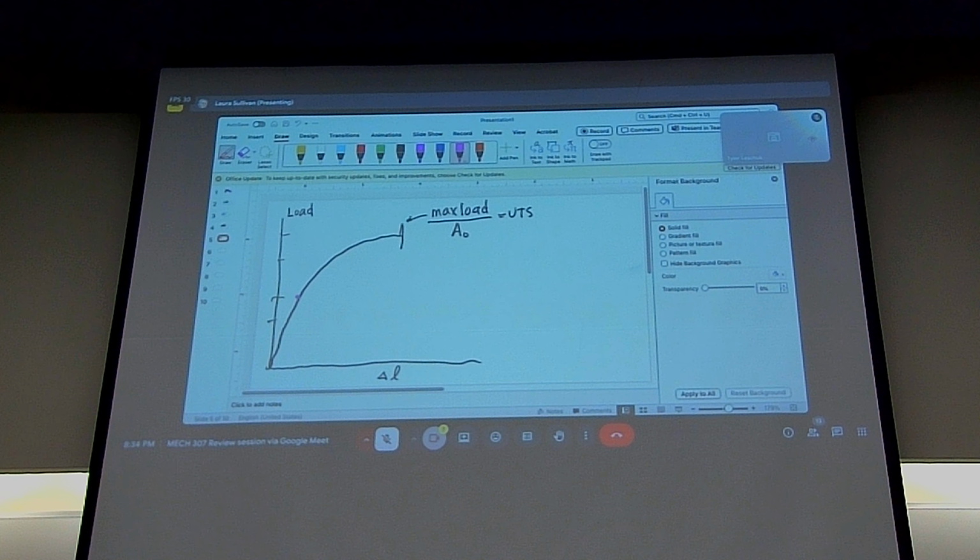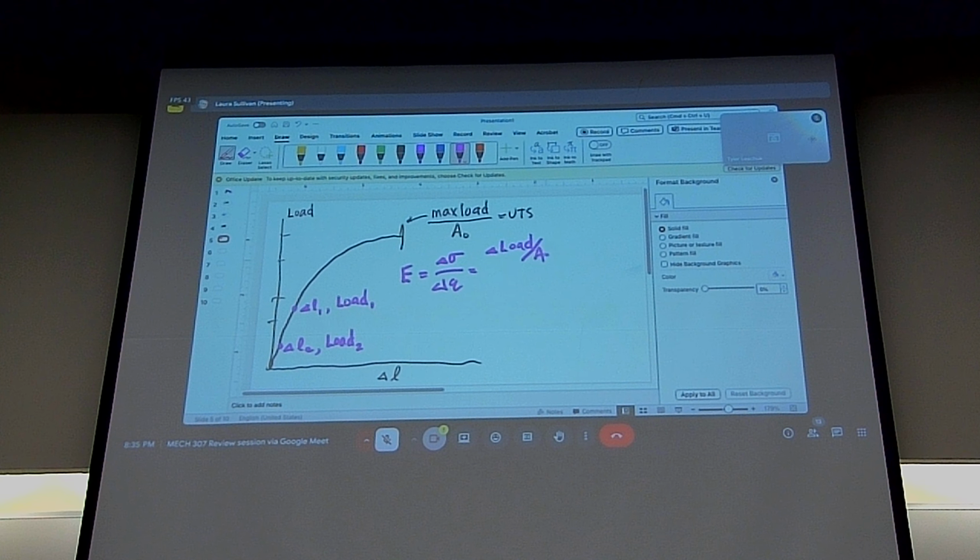I can take 2 points in the linear region, and this would be delta L1 and load 1 and delta L2, load 2, X and Y. Modulus is going to be equal to the change in stress over the change in strain in the linear region, which would be the same as the change in load over the original area divided by the change in length over the original length.